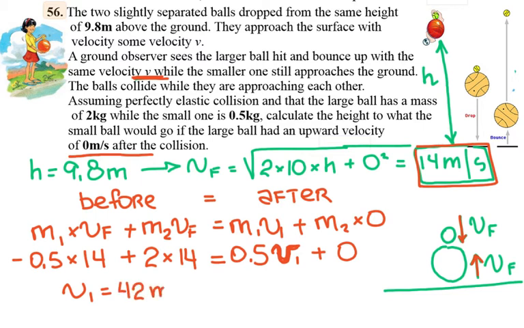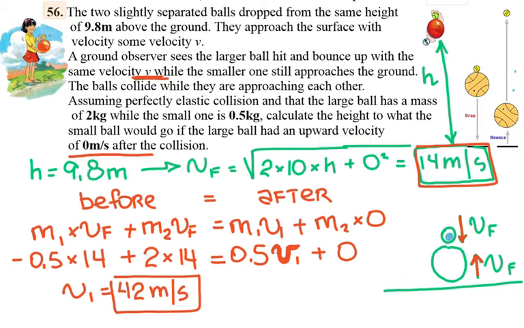42 meters per second. If I want to calculate how much higher it will go, after the collision the little ball has a velocity of 42 meters per second. The only force acting on the little ball is gravity, so the ball is going to be losing its velocity.